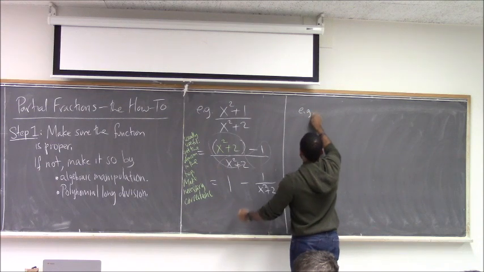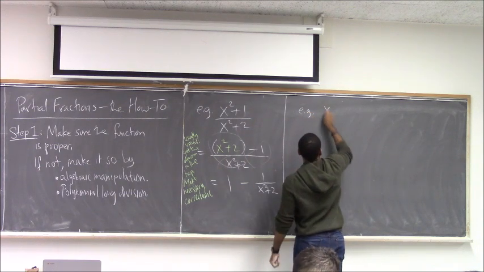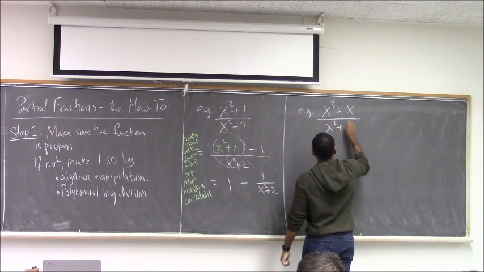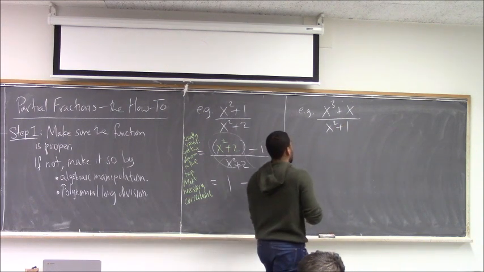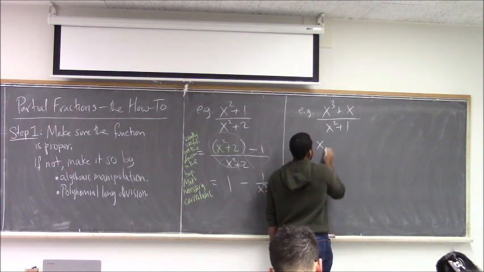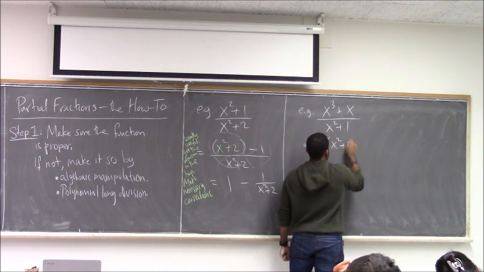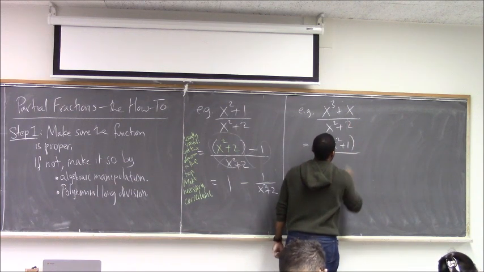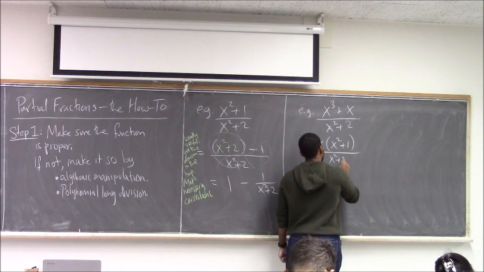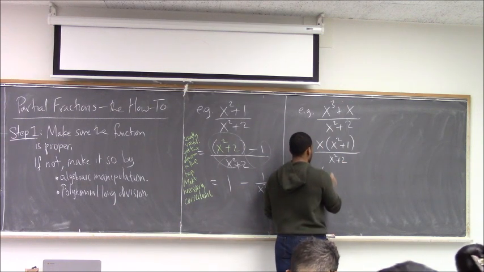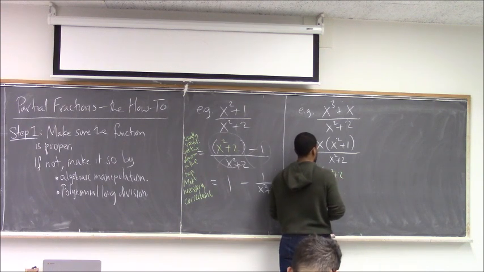Another example, to kind of piggyback off this one, not much different. Let's say you had that. So you could do the same sort of thing. First, you factor out an x to get that. And again, I would just put the denominator in here.